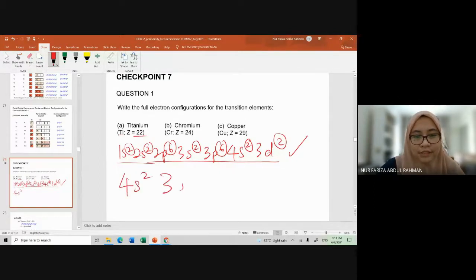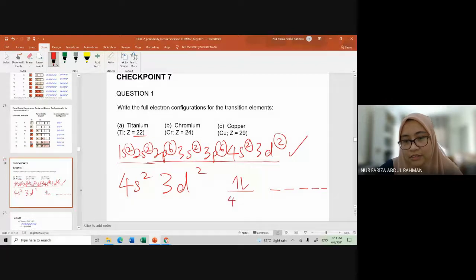If you were to draw the orbital diagram, it should be 4s2 and 3d2.